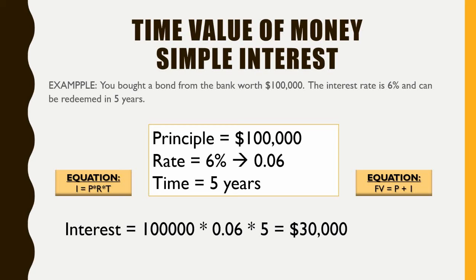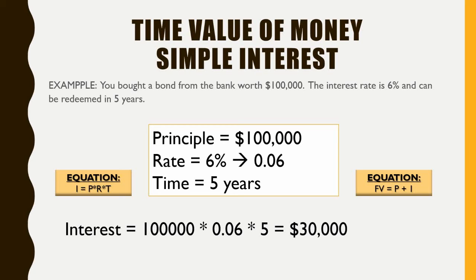No, it's not. Try it again. $100,000 times 0.06. You forgot the 5. Times 5 to give you 30,000. Yeah. So you stopped at P and R. I stopped. Yeah. So there's three components. So 30,000 is your total interest that you're going to collect.